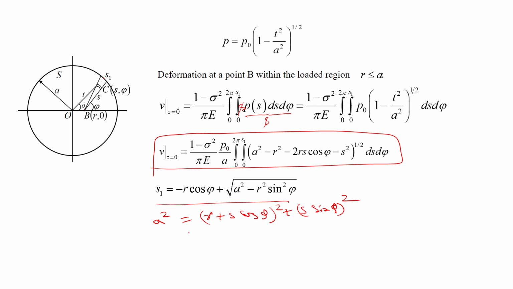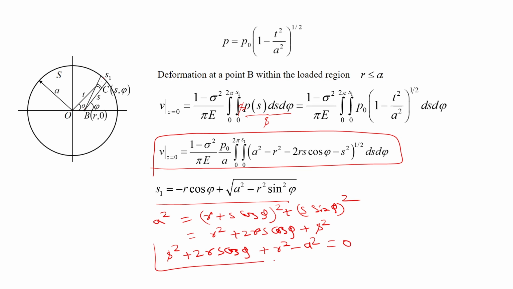If I expand it, it will be r square plus 2 r s cos phi plus s square. So, you can write it as s square plus 2 r s cos phi plus r square minus a square is equal to 0. The solution of this equation will give the value of s1 as something like this.